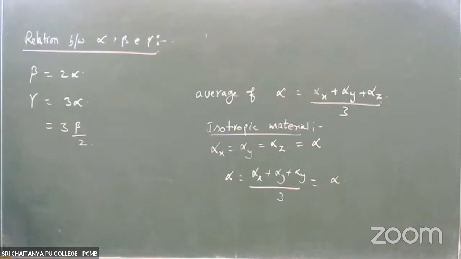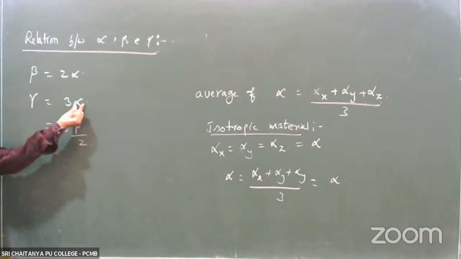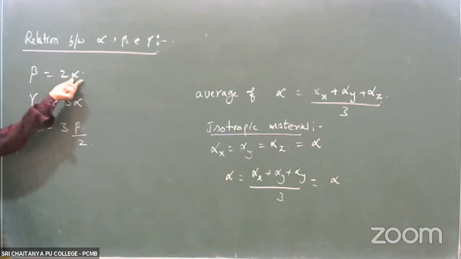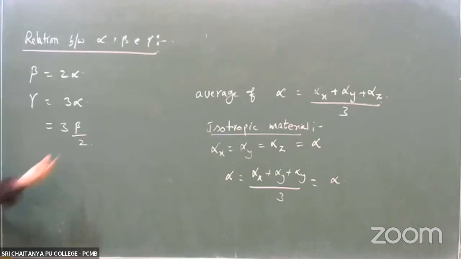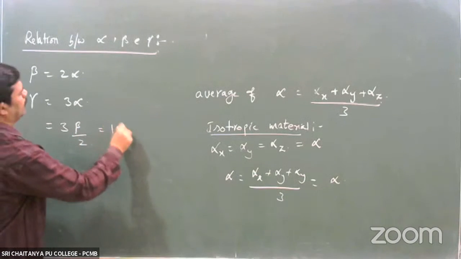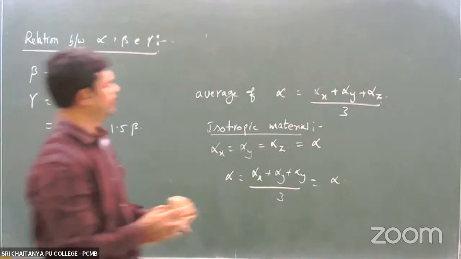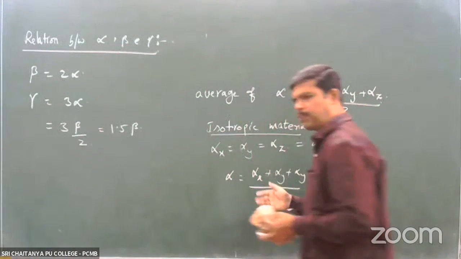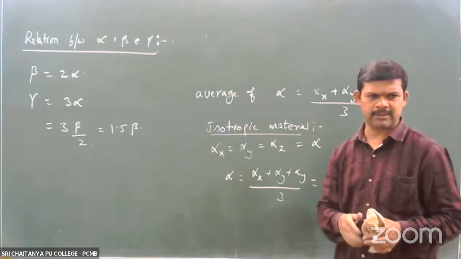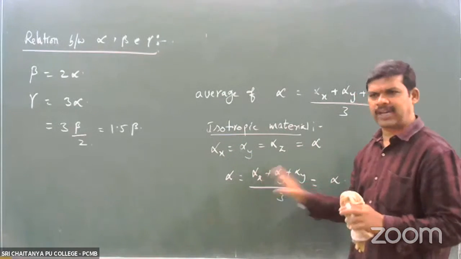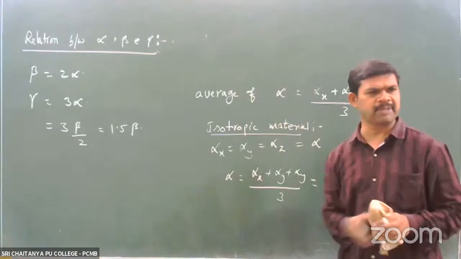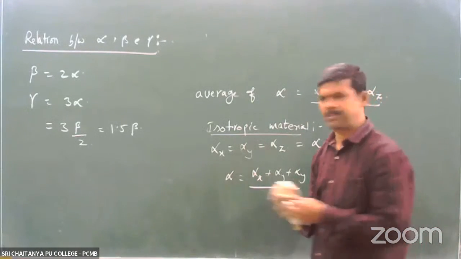In place of alpha, simply take alpha equal to beta by 2 and substitute it here. So gamma is 1.5 beta. Gamma is clear. When it comes to anisotropic, first find alpha average, then apply the same principle.